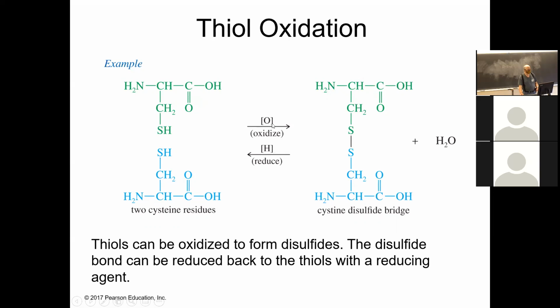It doesn't specify here how this is being oxidized or reduced. In biological systems, this is done enzymatically. Cysteine is one of the amino acids. And this is an important reaction in forming three-dimensional structures of proteins.